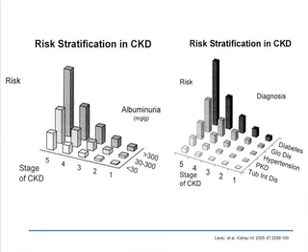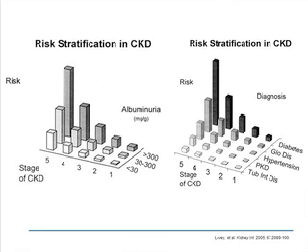So it's a somewhat confusing three-dimensional slide, but let me take you through it. This is a compilation of many large-scale observational studies that looked at kidney disease in association with some adverse outcome, usually all-cause mortality, cardiovascular events, or hospitalization.